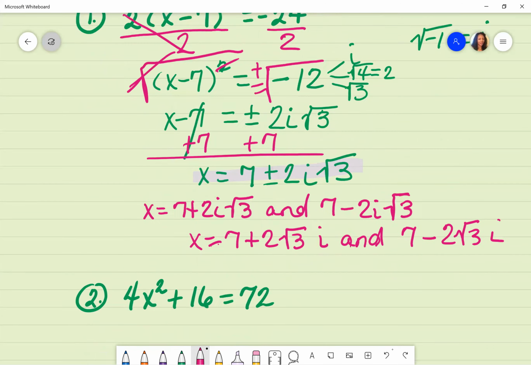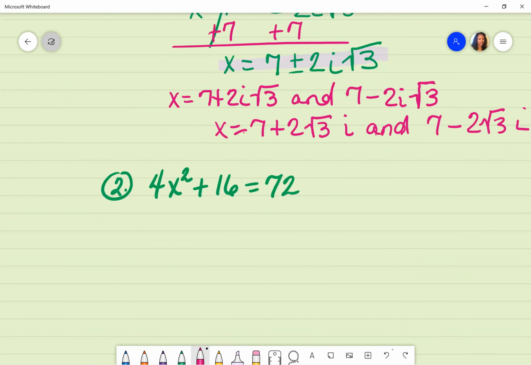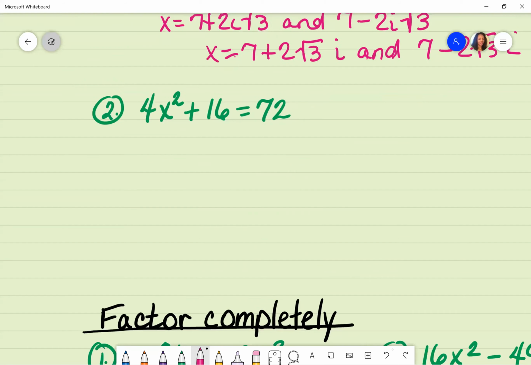So that's acceptable. Another way that you would see a problem that asks you to solve and then simplify is like this. Again, my whole goal is to isolate the squared variable. I have something before and after. If I have something before and after, my first choice is to get rid of what's after. So I want to get the positive 16 to the other side, which means I have to switch signs.